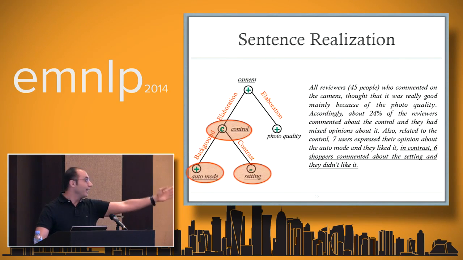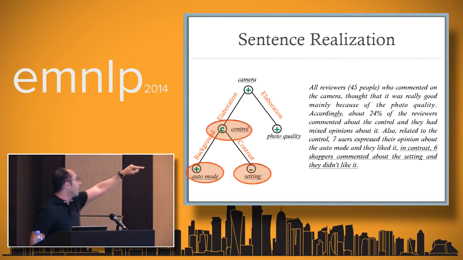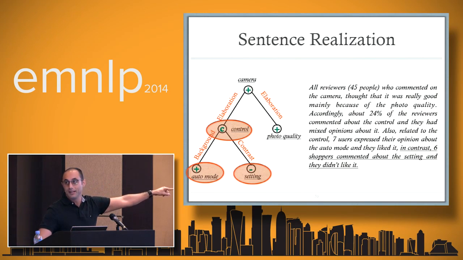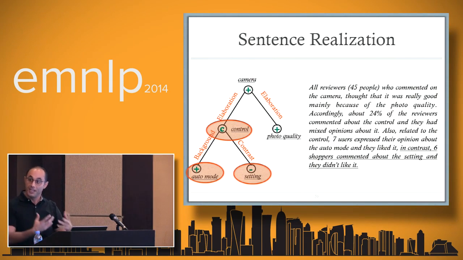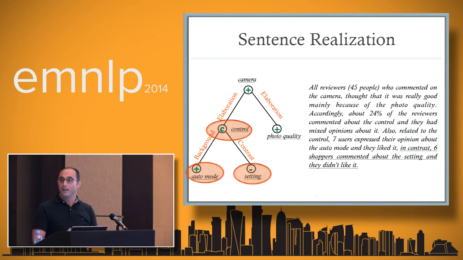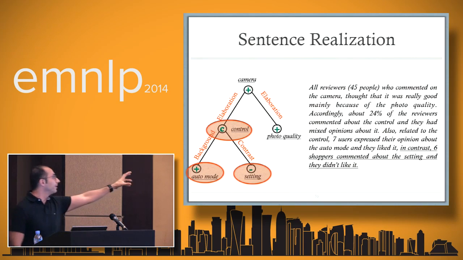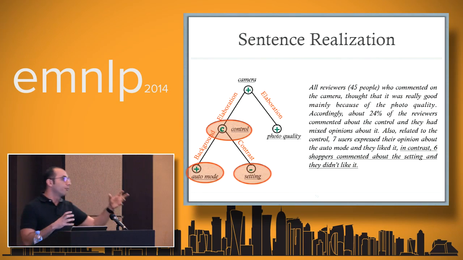So we use it in that way, and we select our connective as "in contrast". But we don't look at, for example, elaboration when we traverse from camera to photo quality and say, okay, this is elaboration, for elaboration we use this connective. So we think that in future we can extend our work, and it's not very trivial, but we believe that we can use those rhetorical relations for having a better lexical choice for our connectives.